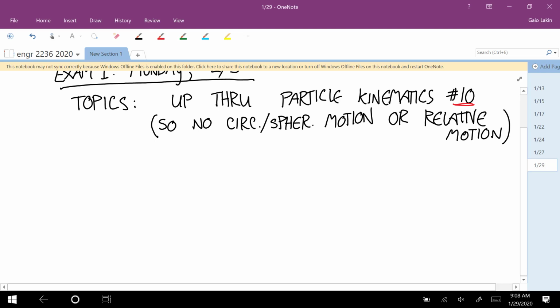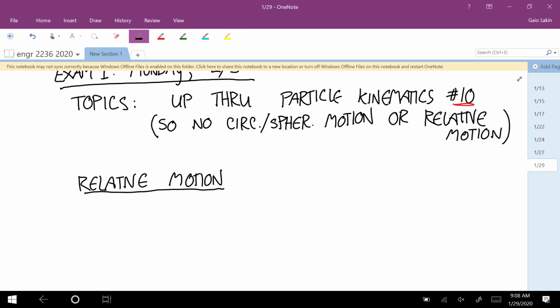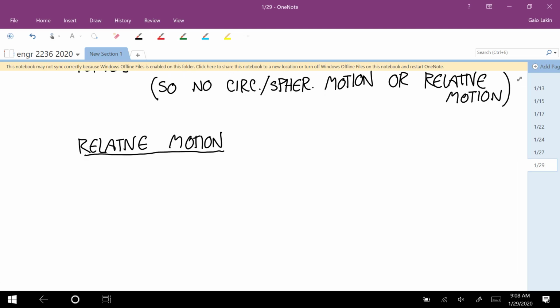So the next topic, we just finished talking about circular spherical motion. This is still under the big heading of particle kinematics in non-rotating coordinate systems. So now relative motion, and this is something that you probably saw in Physics 1, probably sort of briefly, but it's going to be a big deal in this class.